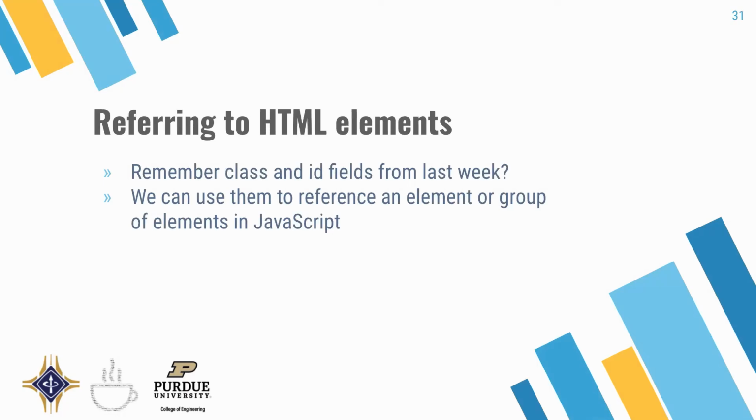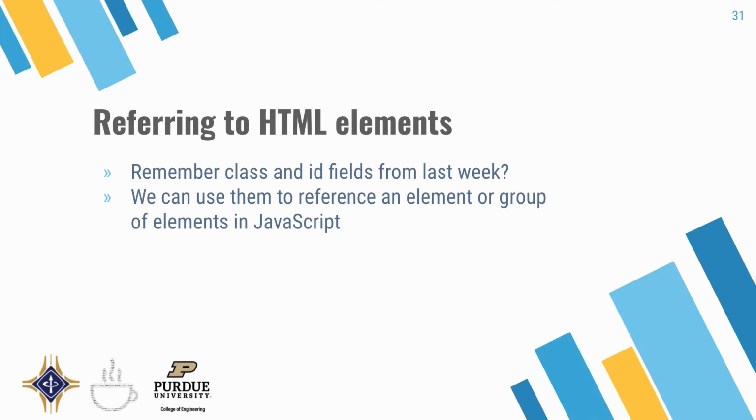So, referring to HTML elements. A key way to do that is using the class and ID fields that we talked about from last week. When you make a tag, however you do that, you can provide it with an ID or a class. The key being, an ID is specific to one tag, and a class can contain multiple tags if they're similar and belong in a class.